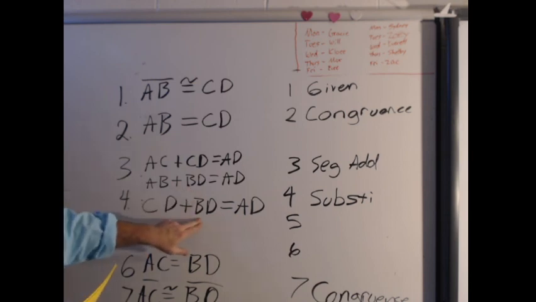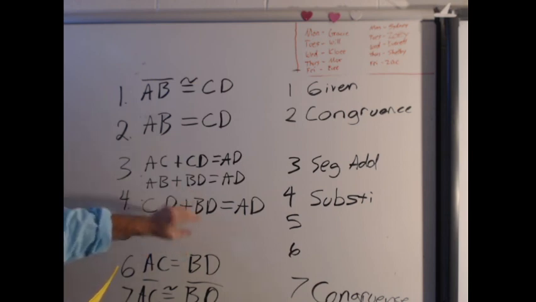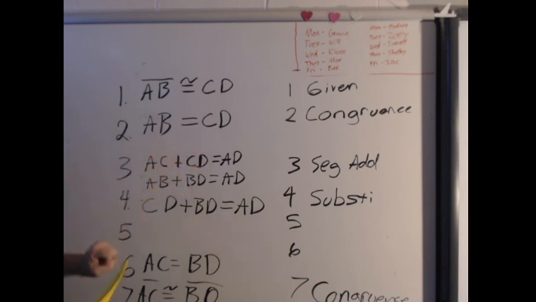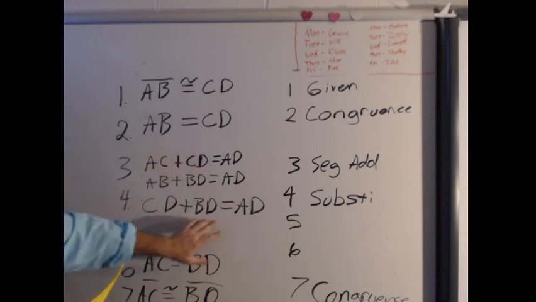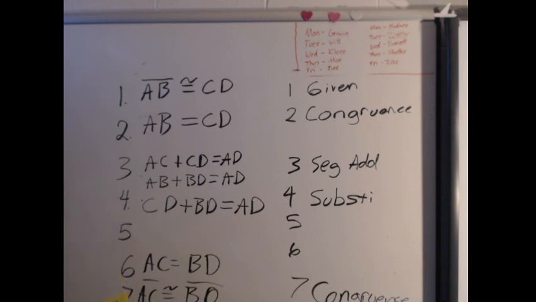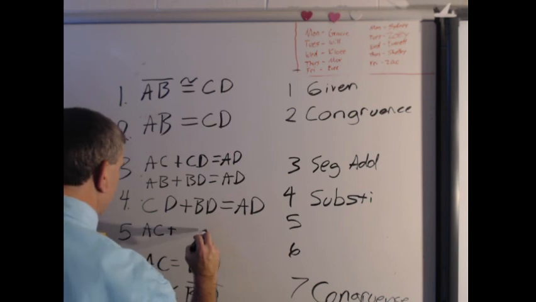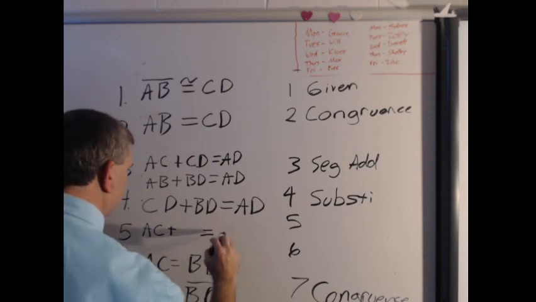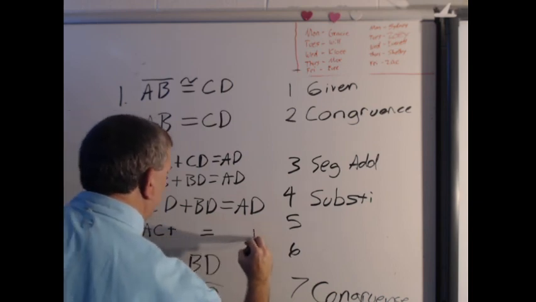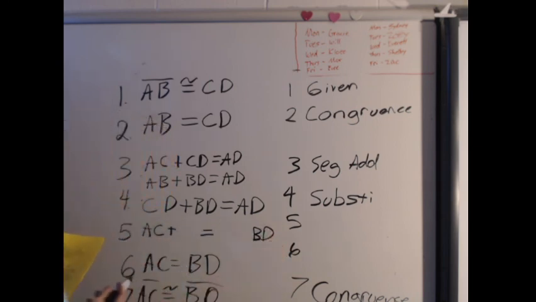Okay, so CD falls down here. Okay, BD is right there. All right, because again, these parts are interchangeable. So I have it equal to AD. Okay, so then, I know that AC plus a certain amount is going to equal that same amount plus BD. Okay? And that common factor is what?